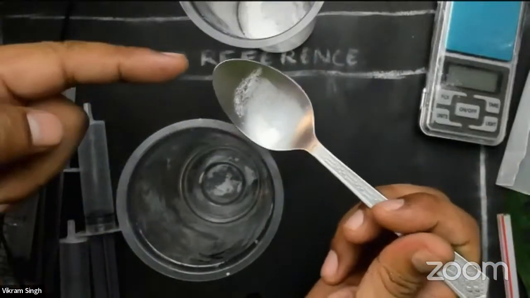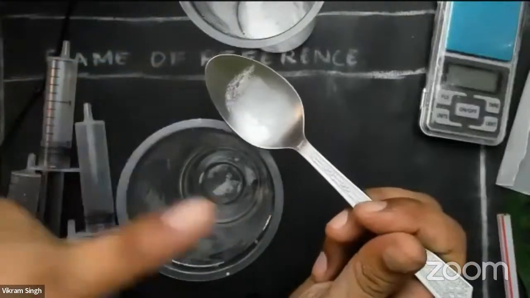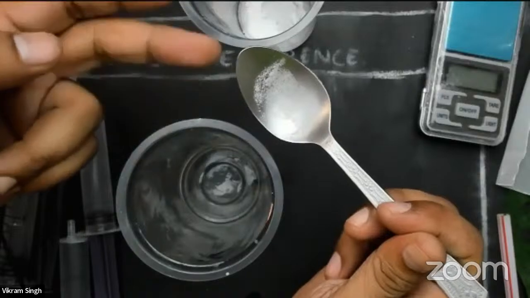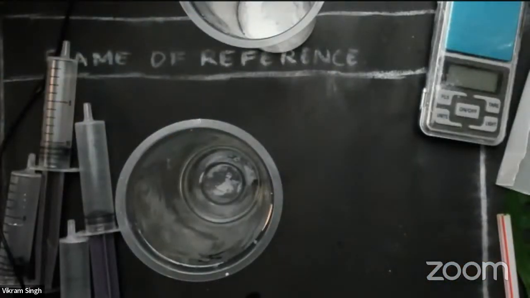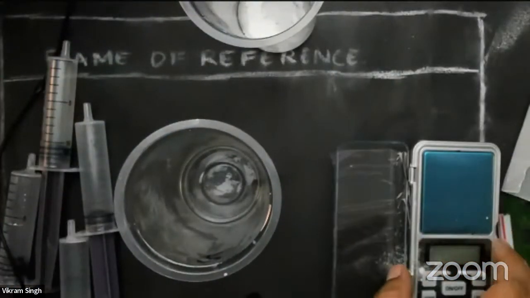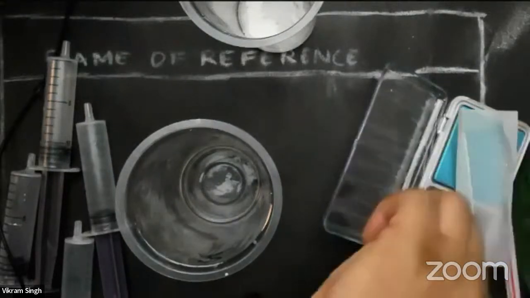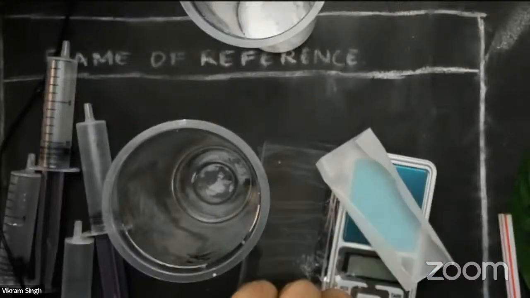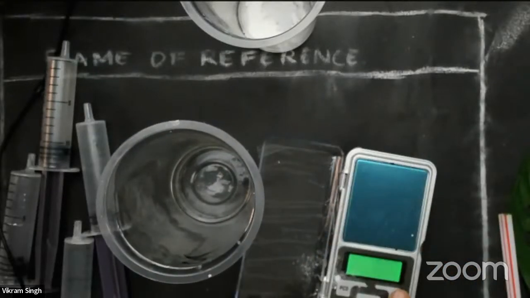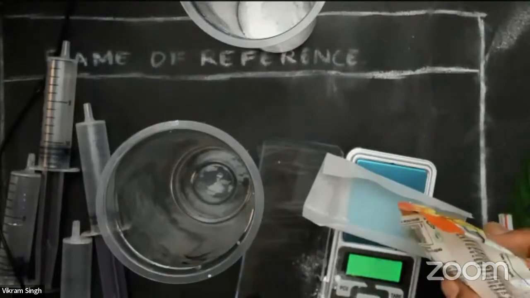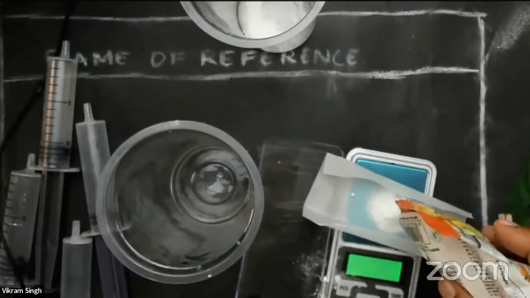In this beaker we will add half of the powder that we took before, so approximately half of the 4%. Just 2 gram.